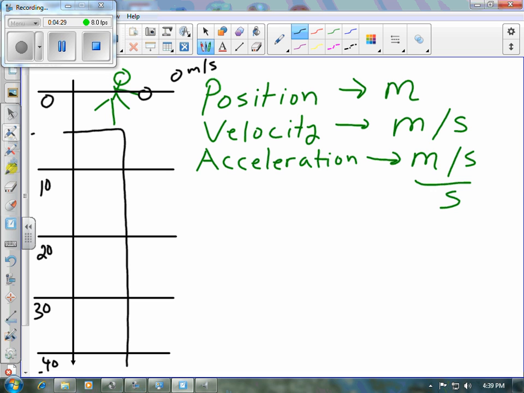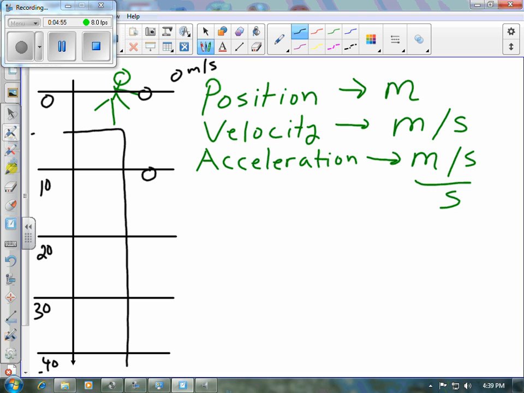Now, he drops the rock, and now we measure the velocity again after 10 meters. And I'm just going to make a number up, for the sake of this picture.